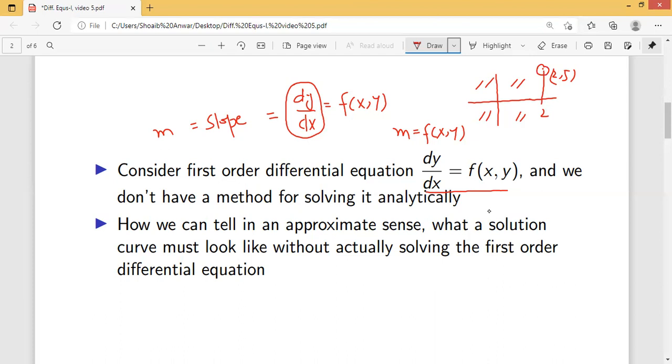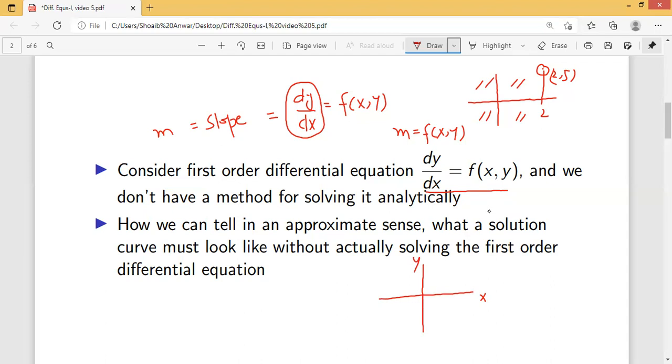Now, if we are interested in a first order differential equation and we don't know any method to solve it, then can we say anything about the solution approximately and how a solution curve will look like? I mean, if you don't know any method to solve that differential equation, how can you say anything about the solution curve in the xy plane?